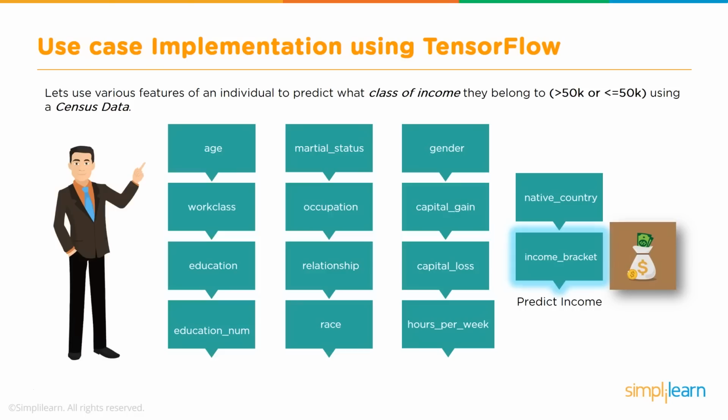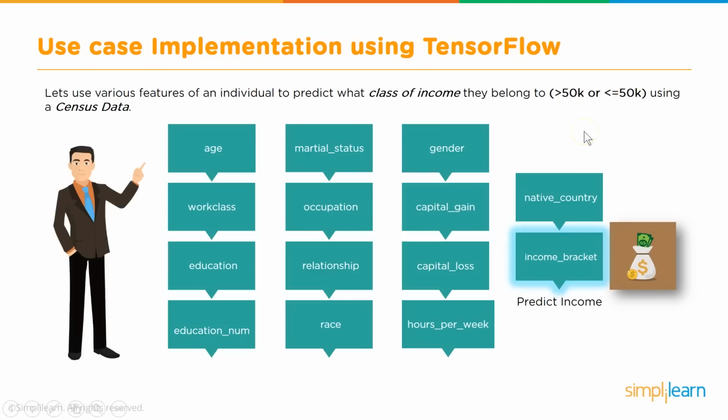Okay, so what is the case here? We have some census data, which has all these features or variables, like the age of a person, work class, what is his education, what is his marital status, gender, and so on and so forth. So there are a bunch of features available, and we have to build a model for classifying whether the income of this person is above 50K or below 50K.